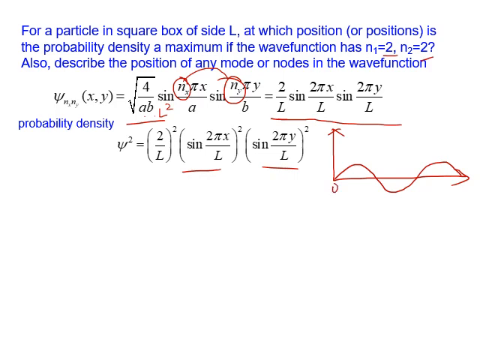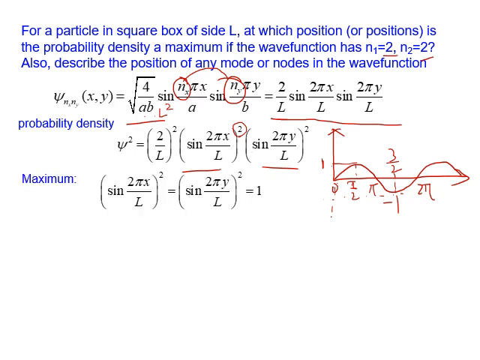So this is 0, this is pi, this is 2 pi, this is a half pi, this is 3 over 2 pi, and this is 1, and this is negative 1. So you see the maximum is 1, the minimum is negative 1, but if you square it, both become 1. So the maximum is when both squared equal 1.